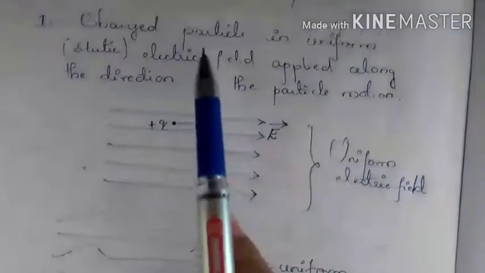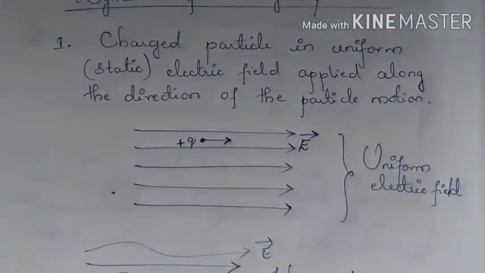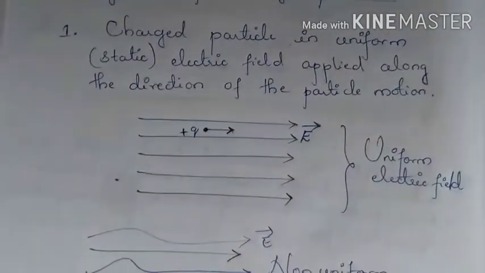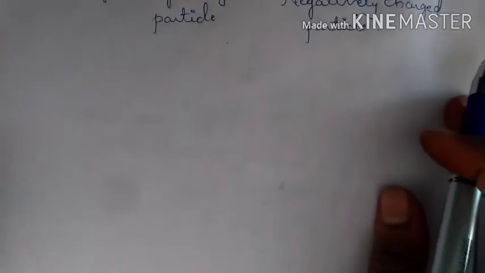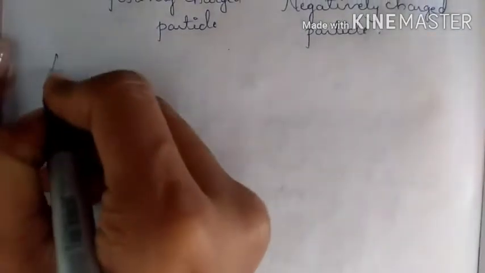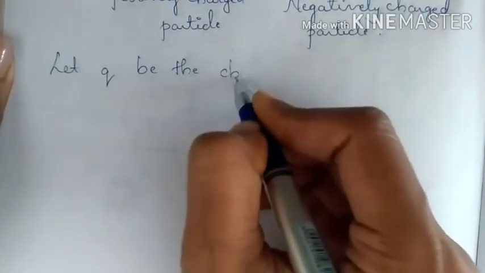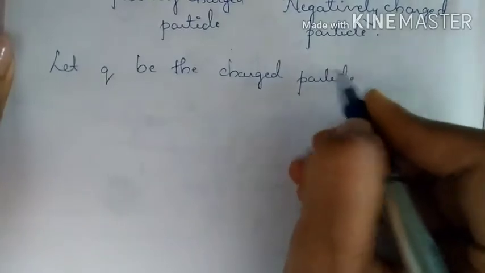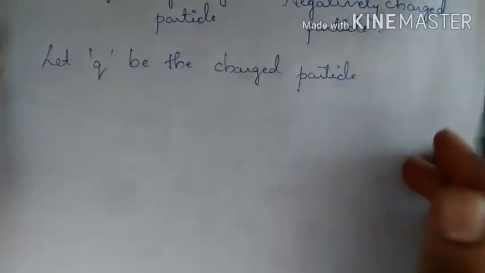Now let us jump to this topic, charged particle in a uniform electric field which is applied along the direction of the particle motion. For this topic you first need a charged particle. Let Q be the charged particle, and this Q is kept in an electric field.